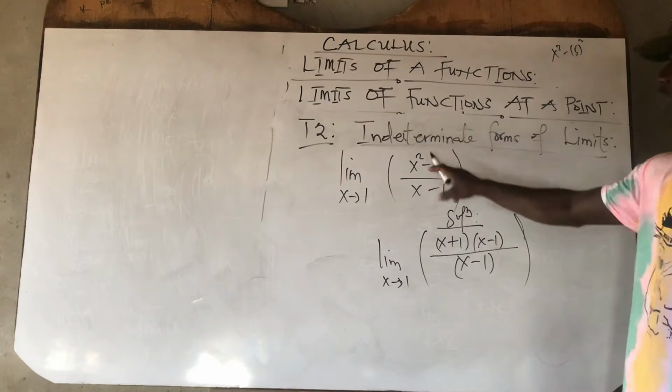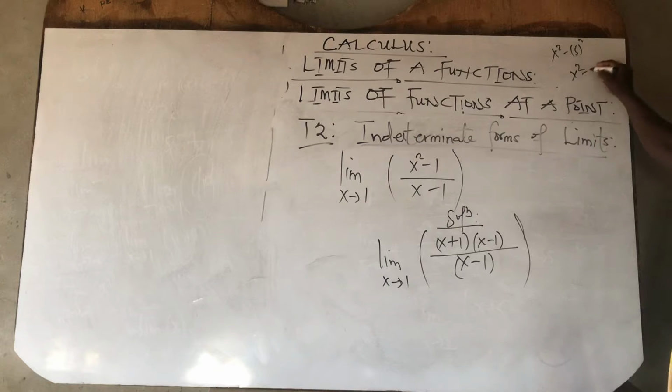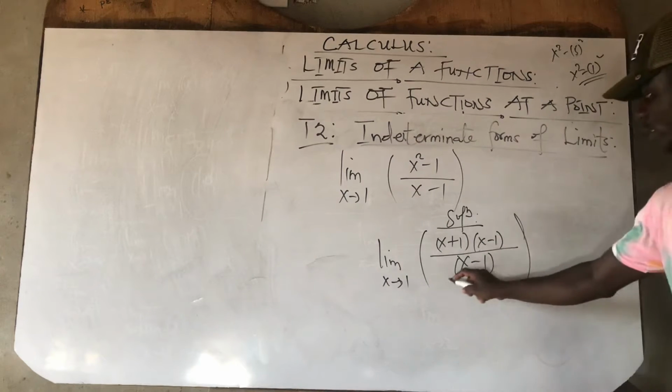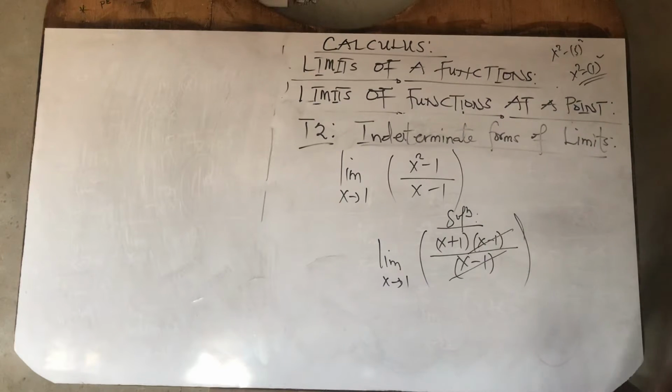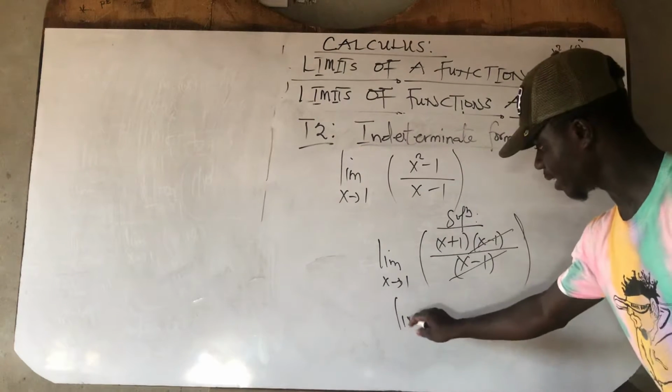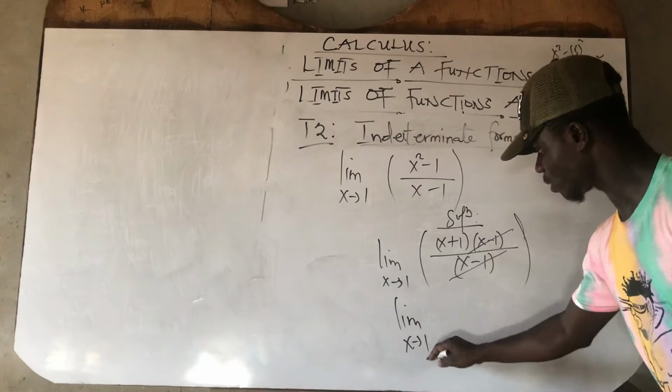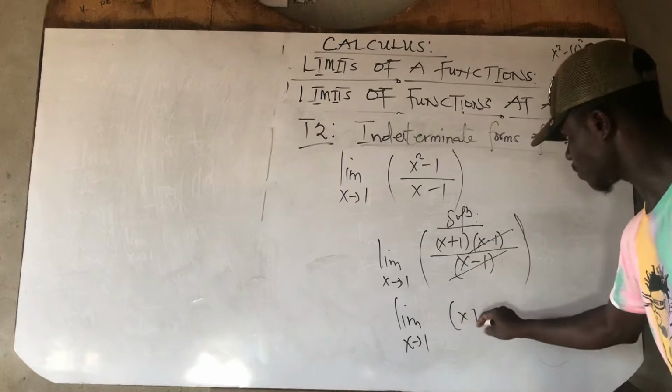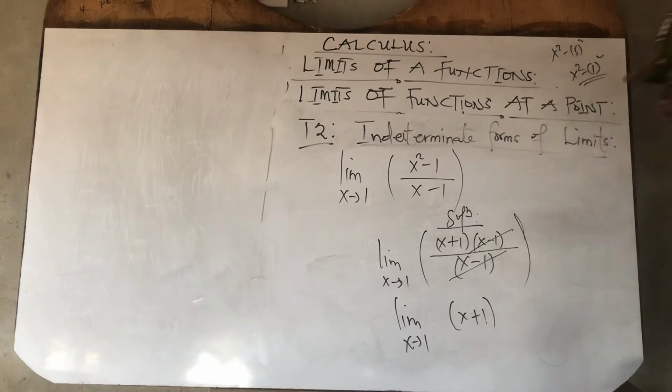This one, x squared minus 1 is the same thing as what? x squared minus 1 squared, which is the same thing as this. This one can take care of that, right? So I can say that the limit as x approaches 1 of x plus 1, right? So the limit as x approaches 1 of x plus 1.